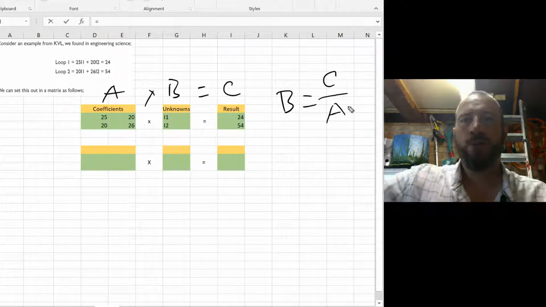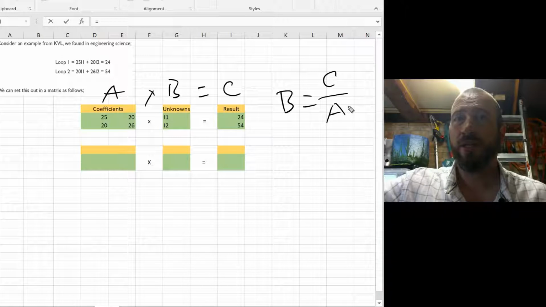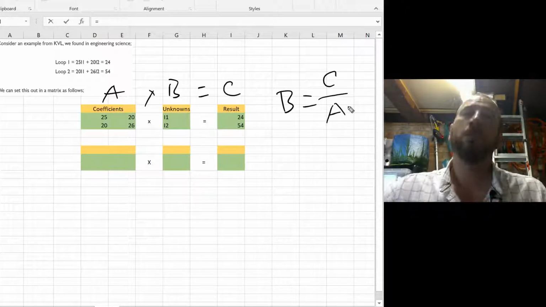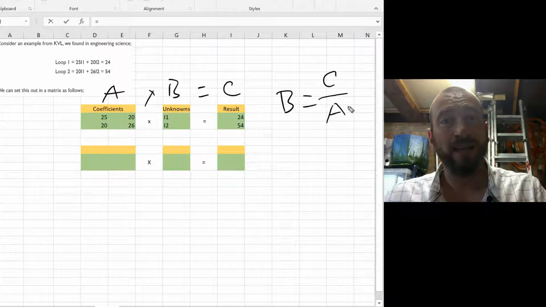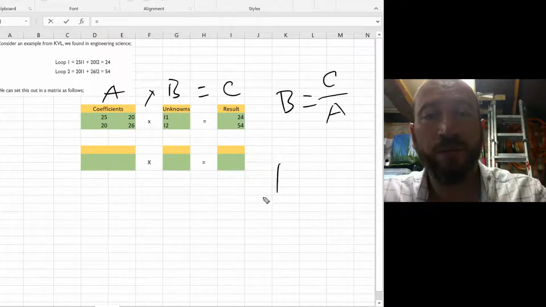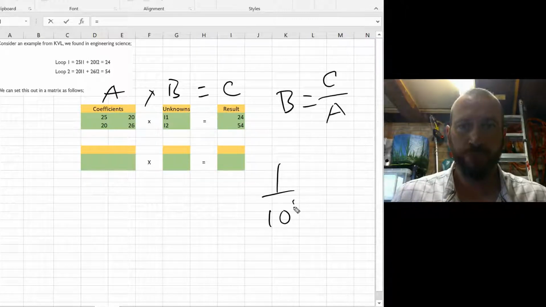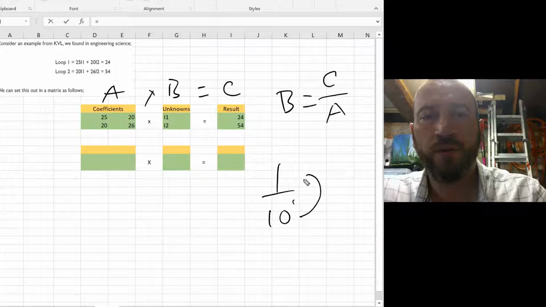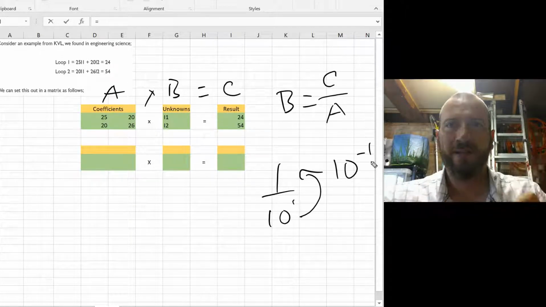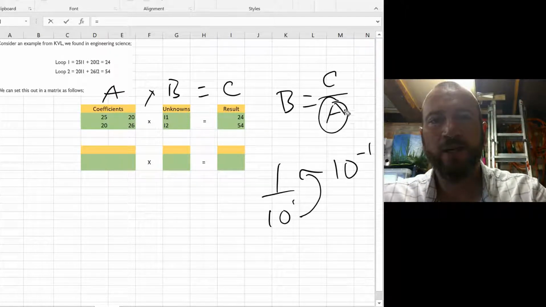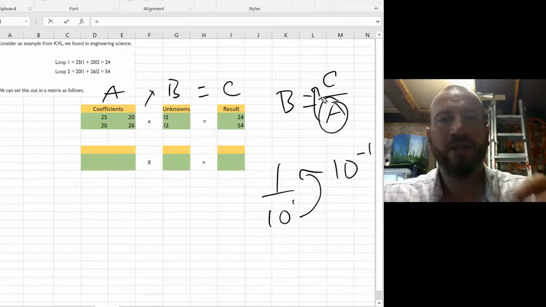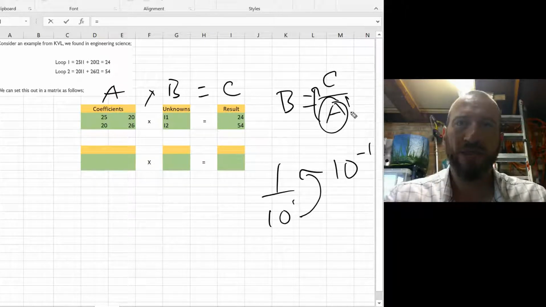Now I didn't show you in the previous video how to divide matrices. The reason for that is you can't divide matrices. What we have to do instead is remember the principle we learned, where a number in a fraction can be moved to the top by changing the sign of the power. We can do the same thing here with A. We can move A up by changing the power from 1 to -1.